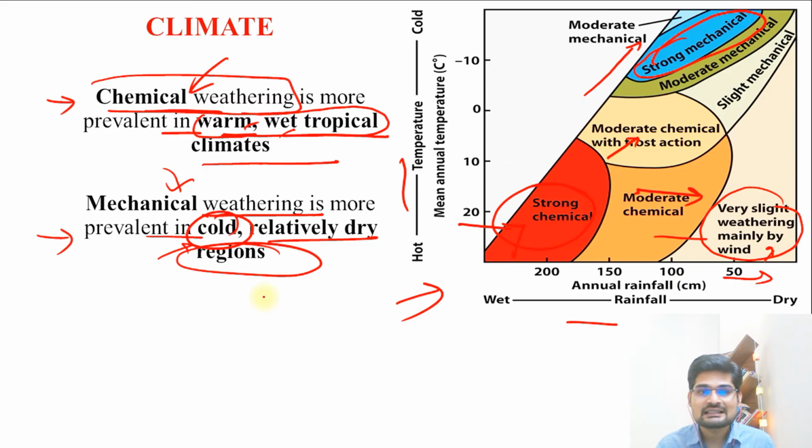So remember this TP or PT, the temperature and precipitation factor is important. If it is a more rainy area where you have lots of temperature, so the tropics is the region where majorly strong chemical reactions and chemical disintegration of rocks happen. But as we go away from the tropics, there is more likelihood of mechanical weathering happening. So that is important here, the relationship of climate and weathering.